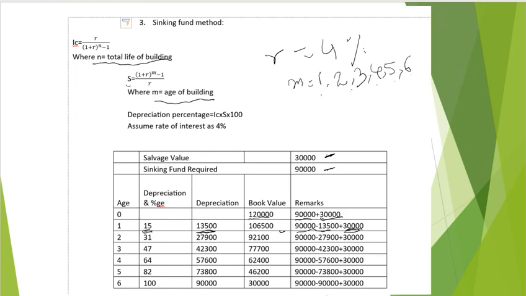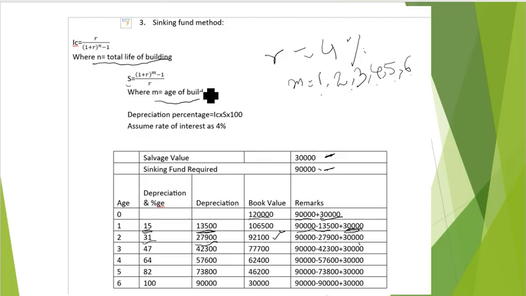In the second year, IC into S is 31%. It will be applied on 90,000. 90,000 into 31% is 27,900. So 90,000 minus 27,900 plus 30,000, which is salvage value, you will get 92,100. Similarly, at the third year, depreciation will be 47%. 47% of 90,000 is 42,300.